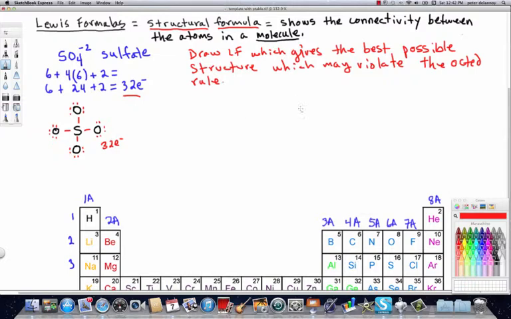All right. Now, to do this, we're going to need to utilize a concept called formal charge.